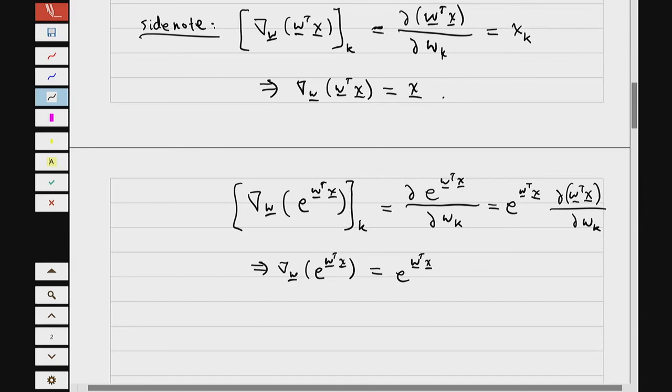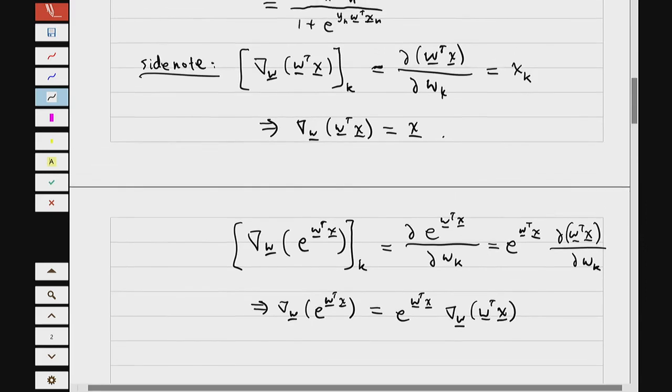Well, it's vector x, but another way to say this, by definition, this is just the gradient with respect to the whole w vector of that. Just like that. And that's how we get to the previous step.